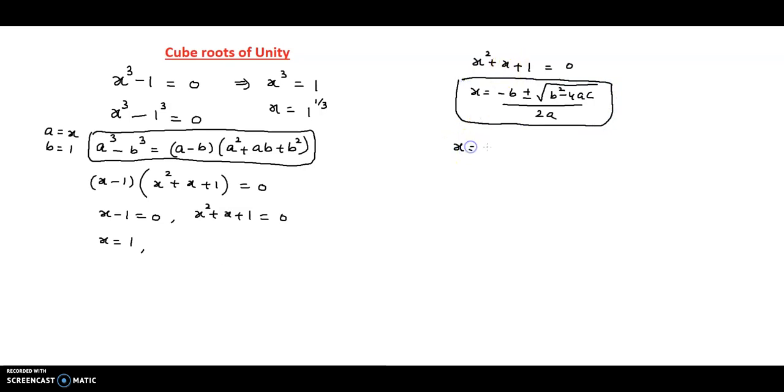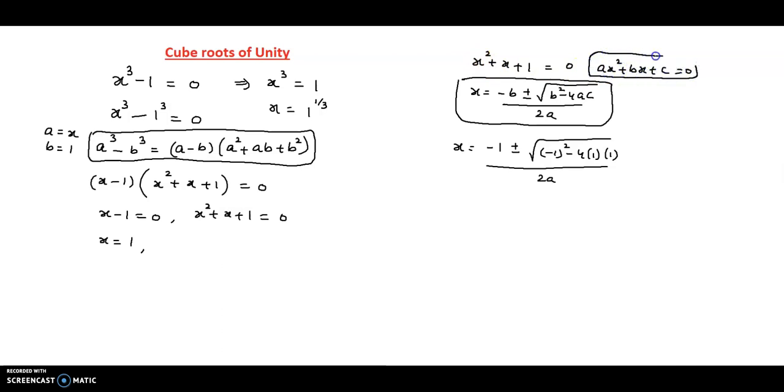Remember, we are comparing this equation with ax square plus bx plus c equals 0. So on comparing with the standard quadratic equation, we get the value of a as 1, the value of b as 1, the value of c as 1.